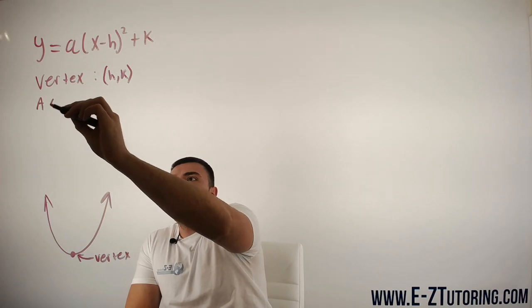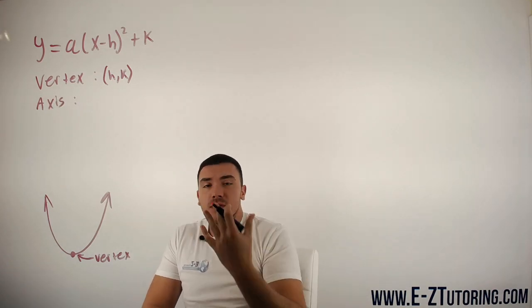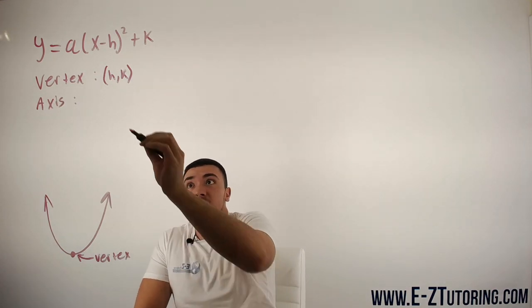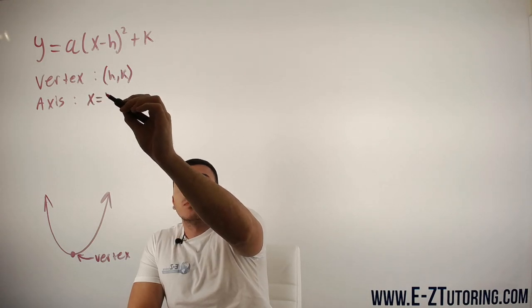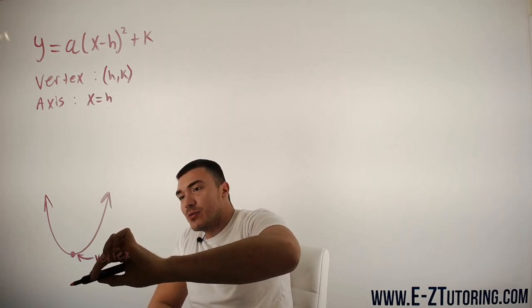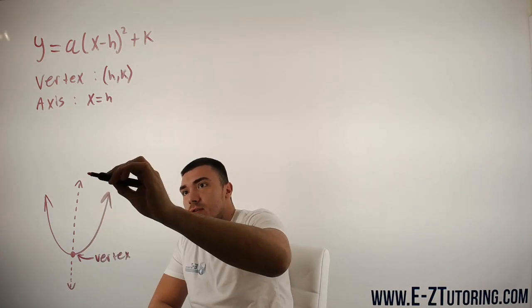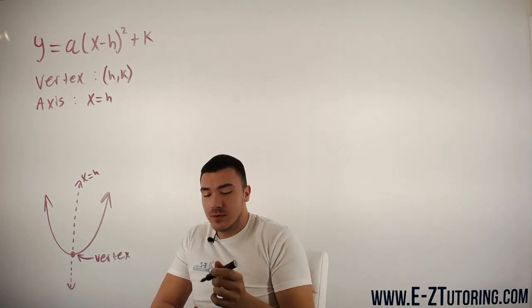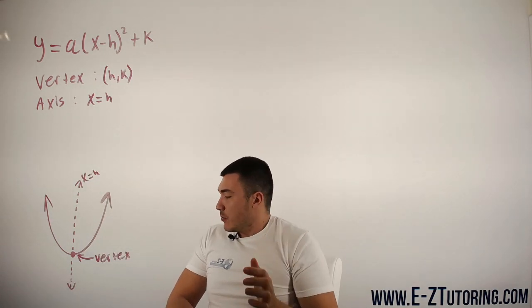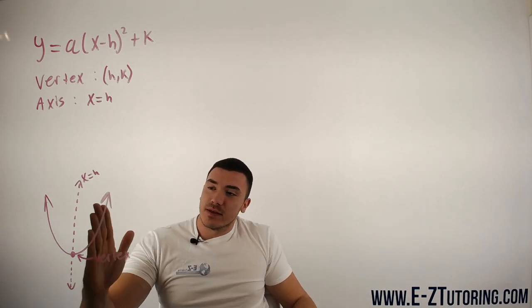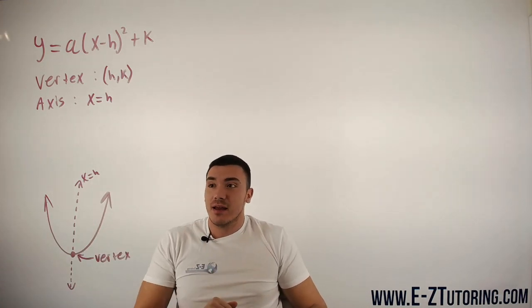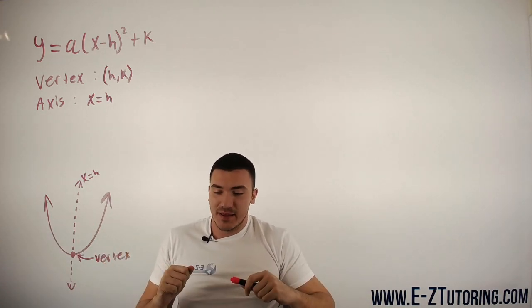I'm not going to focus too much on this, but you can also find your axis of symmetry by just saying x equals h. And your axis of symmetry simply crosses through the parabola like so. Pretty much your axis of symmetry means that everything to the left and everything to the right of your axis will be exactly the same.